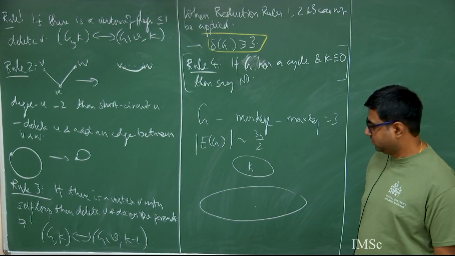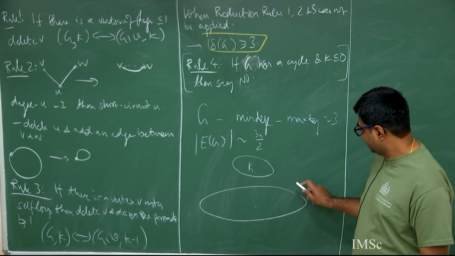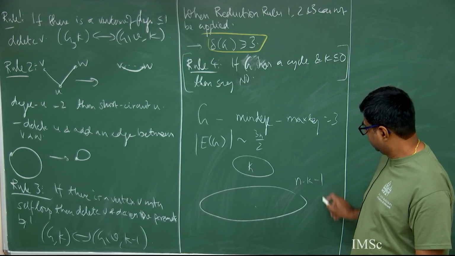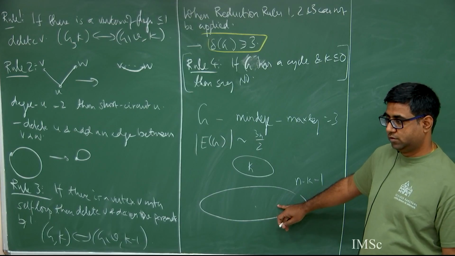N minus 1? No, if I deleted k, it has only n minus k vertices. So n minus k minus 1. Why? Because it is a forest.